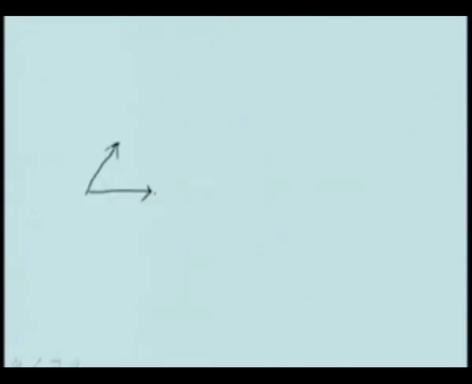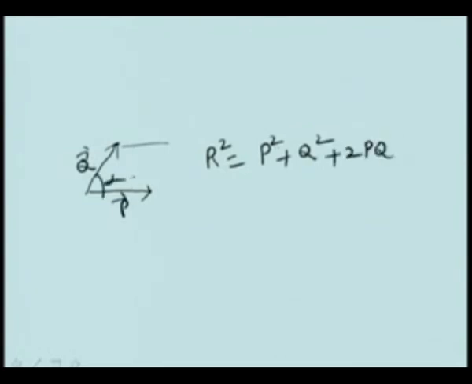Although there is a formula by which you can find the resultant, R square equals P square plus Q square plus 2PQ cos alpha, where P and Q are the forces and alpha is the angle between them. And similarly, you can find the direction also.